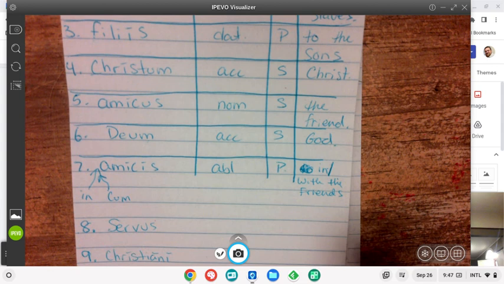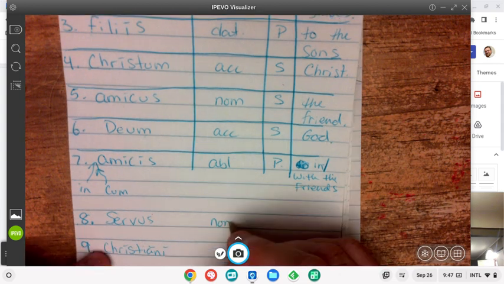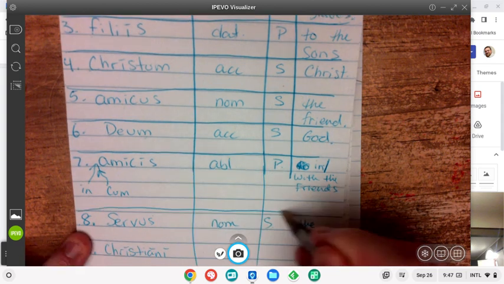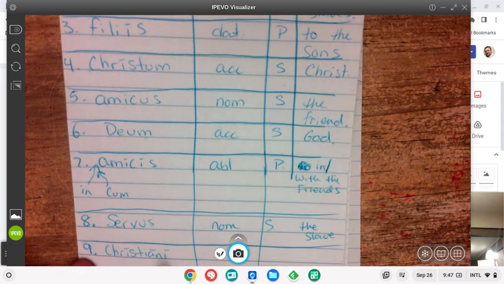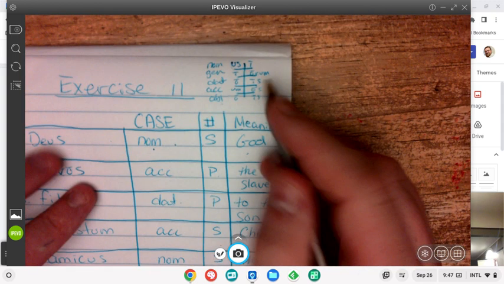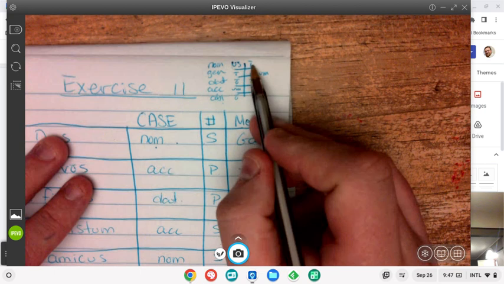Servus, nominative, singular, obviously, so that means the slave or servant. And Christiani. So Christiani, we could say nominative plural, and we could say that it means the Christians when they're the subject of the sentence.